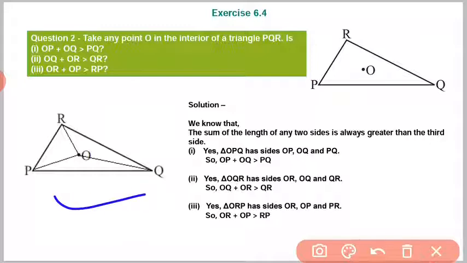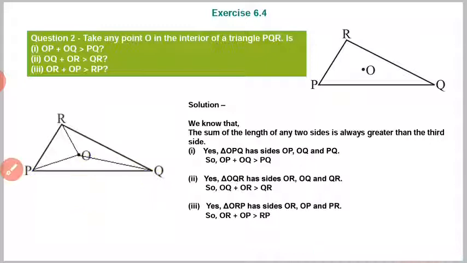We get the figure like this, and we have to answer whether OP plus OQ is greater than PQ. So POQ is a triangle. So obviously the sum of two sides is always greater than the third side. Therefore OP plus OQ is greater than PQ.